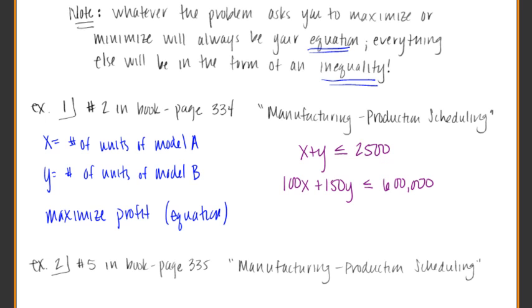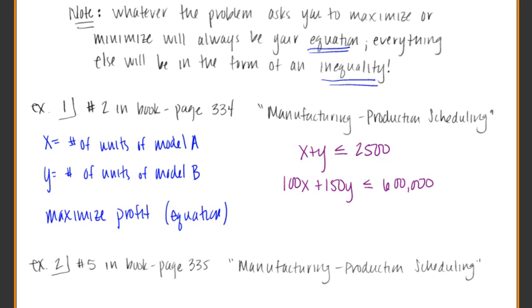Now let's go to the last part. It says we want to maximize our profits. Well, there's some information that was given to us. We know the profits earned are $30 for Model A and $40 for Model B. Here's my equation.